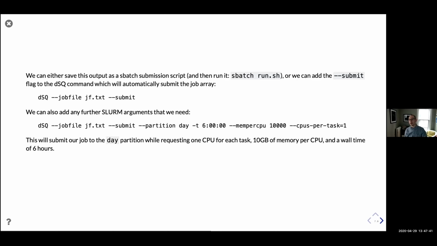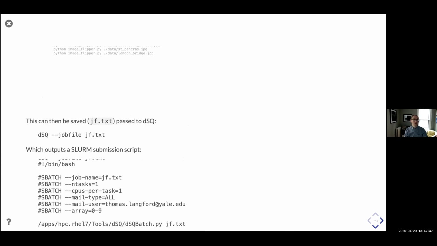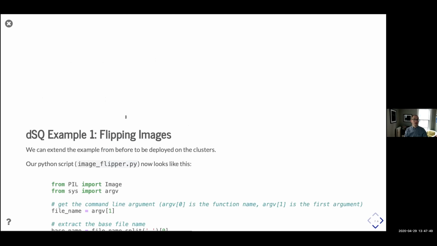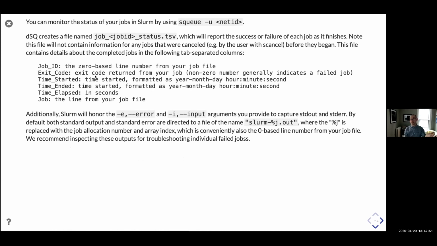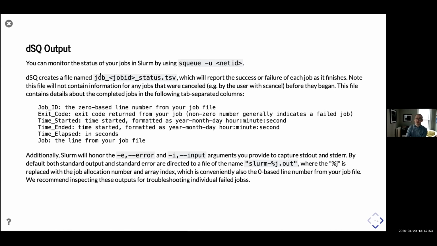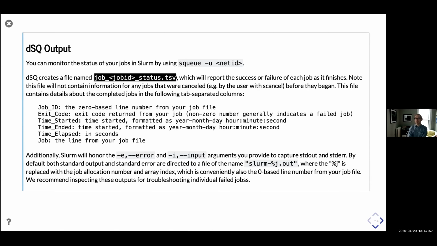Another option is one of the slides that I skipped, if we go back up here. DSQ, part of its work is that it creates this output file as it goes. So as jobs finish, this is getting populated with the individual outputs from each subjob.